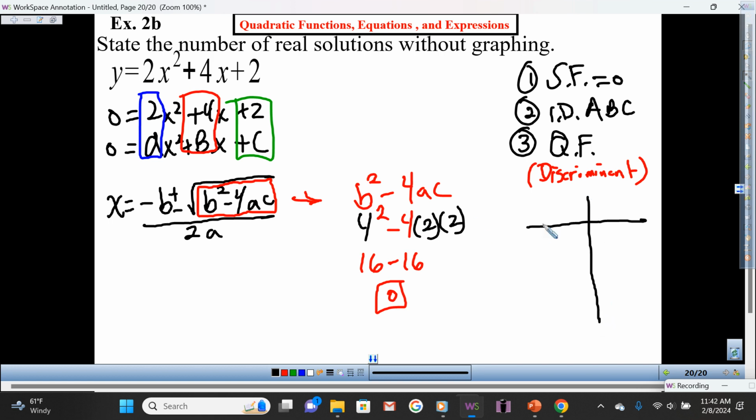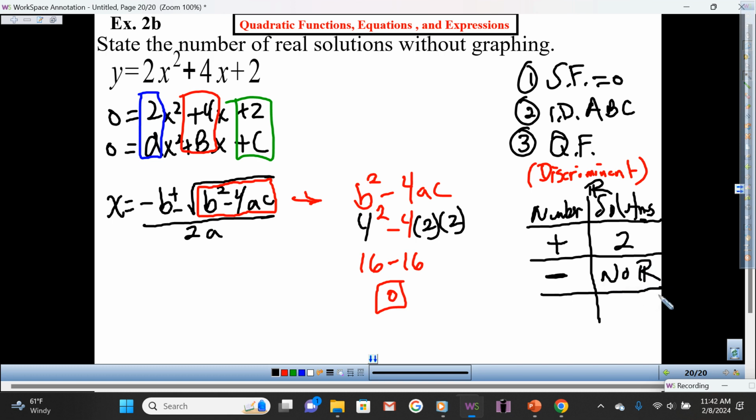When you use the discriminant, if you get a positive number, write 2 real. Whenever you get a positive number right here at the end after you're simplifying, you get 2 real solutions. When you get a negative number at the end, you get no real solutions.